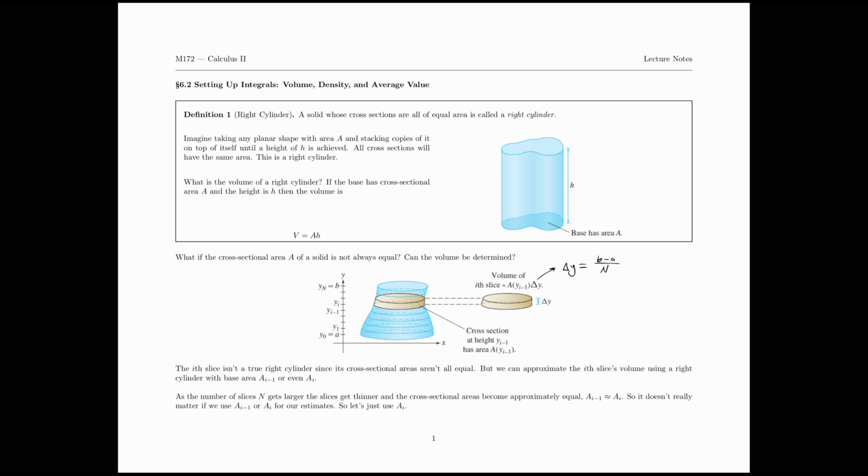So we're essentially going to approximate each one of these little slabs with a circular cylinder. So even though the bottom base area and the top area are different, as long as we have lots and lots of these, they should be approximately equal to one another.